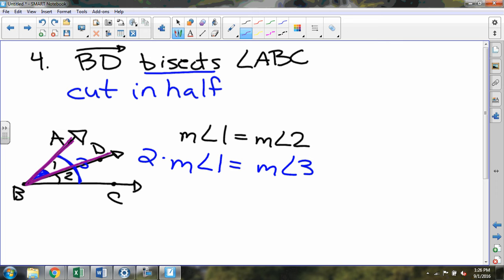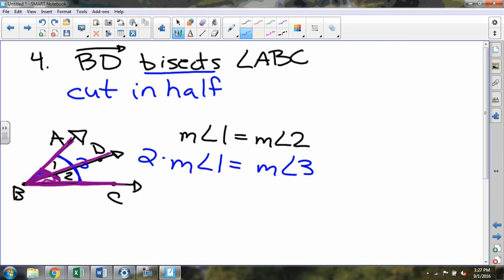D to B to C. Which ones were we given? Does it fit the equation in the black or the equation in the blue? It's fitting the black because we were given the small piece and we were given the small piece. That's how we can identify which one we want to do. We're looking at the pieces that we're given, checking which relationship actually works.